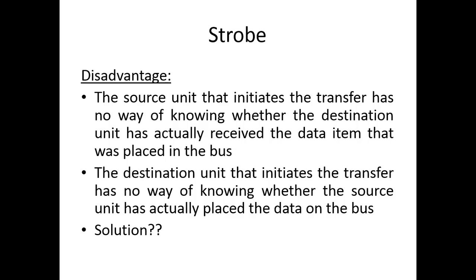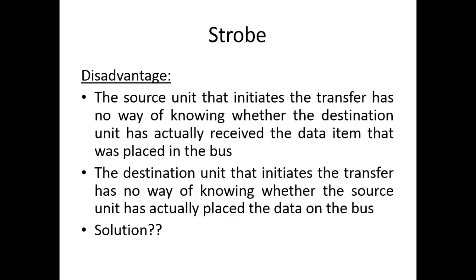If the two communicating units are using the strobe control mechanism for asynchronous data transfer, and if the strobe control mechanism is source initiated, then the source does not have any way to know whether the destination unit has actually received the data item that was placed in the data bus.